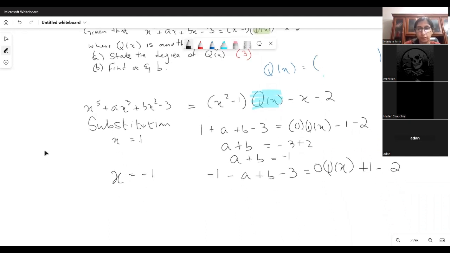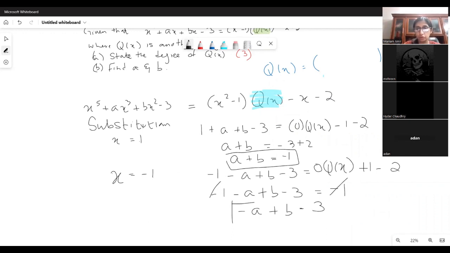So we have minus 1 minus a plus b minus 3 equals minus 1. Cancel. So we have minus a plus b equals 3. Okay, this is equation 1. This is equation 2. Solve these simultaneously to get a and b.